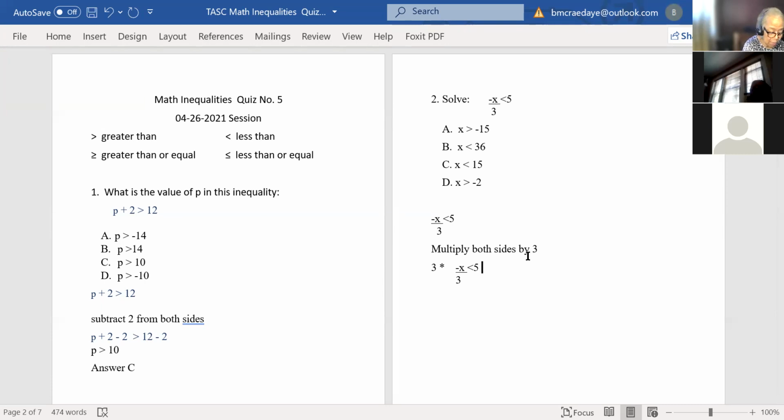Now, what do I have left on the left side, Vanessa? Negative X. That's right, negative X, and that would be less than, and what do I have on the right? 5 times 3 is 15. That's right. Okay, now I have minus X less than 15.